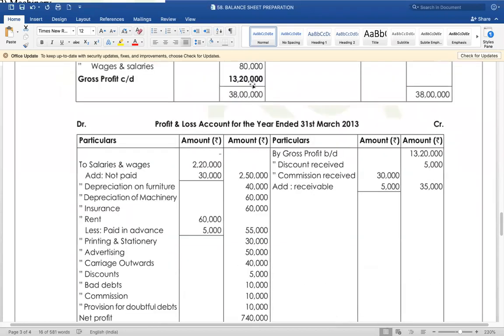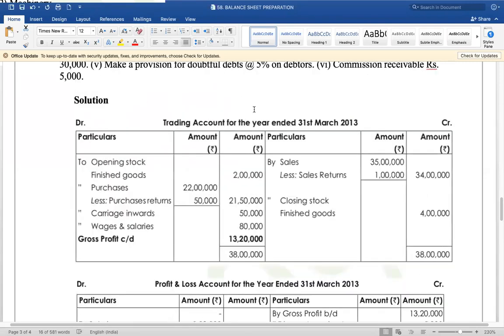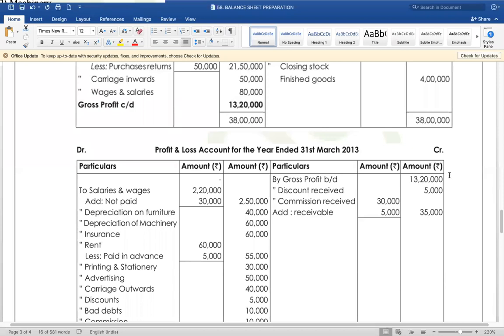This 13 lakhs 20,000 is brought here. This balancing figure is shown on the debit side in the trading account. In the profit and loss account, it is shown on the credit side. So by gross profit, 1320.